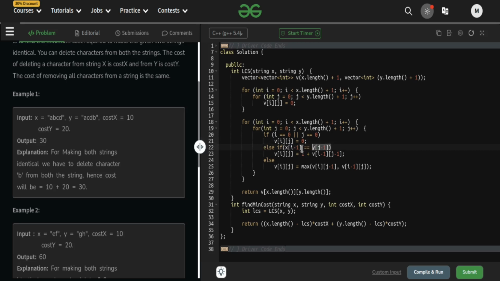Otherwise, if they are equal, then it will be 1 plus the diagonal entry, which is v of i minus 1 and j minus 1. Otherwise, the max between these two. And then towards the end, we are returning the last entry of the DP table. Once we have the LCS with us, we are computing the cost using the equation we have discussed. And then towards the end, we are returning the output. So that's the whole code, folks.